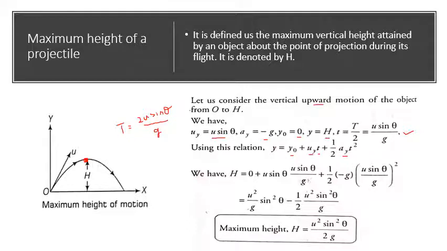Once you substitute all your values, you will get capital H equal to u squared sine squared theta divided by 2g. I repeat, maximum height attained by the object, capital H, is equal to u squared sine squared theta divided by 2g.